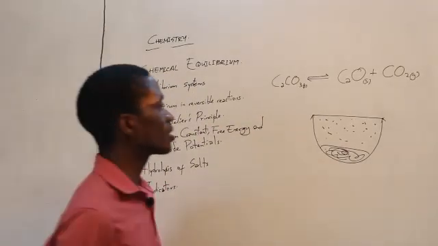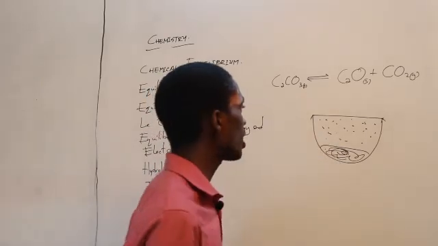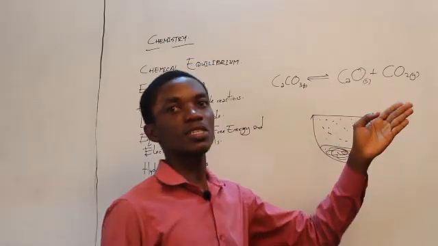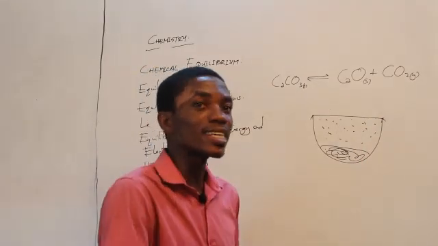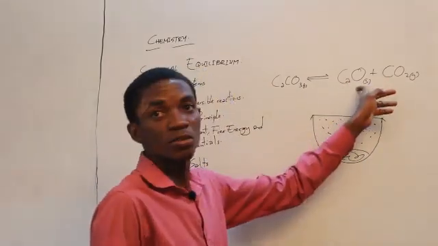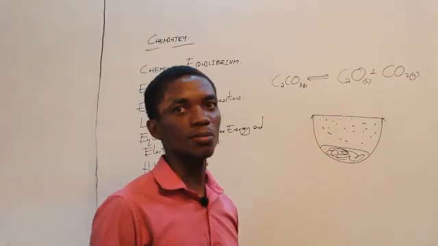And as the particles of carbon dioxide are going up, as they're trying to escape, since they cannot escape from the system, they fall back and react again with the calcium oxide and produce the calcium trioxocarbonate(IV).